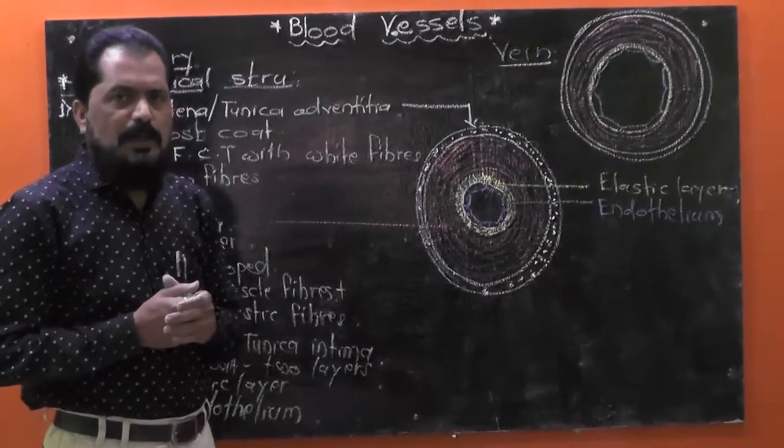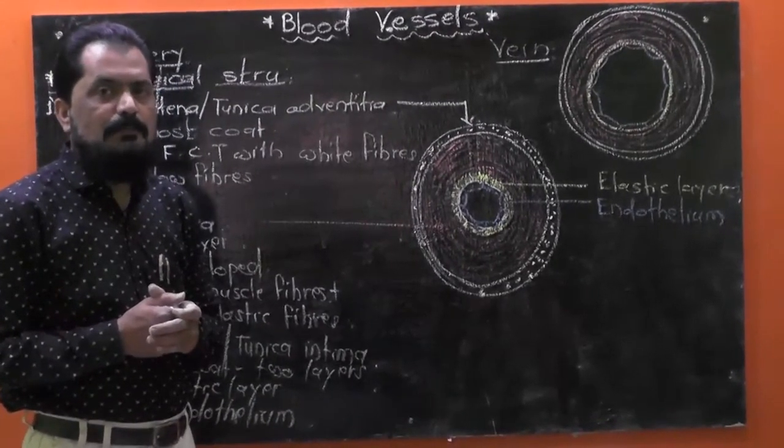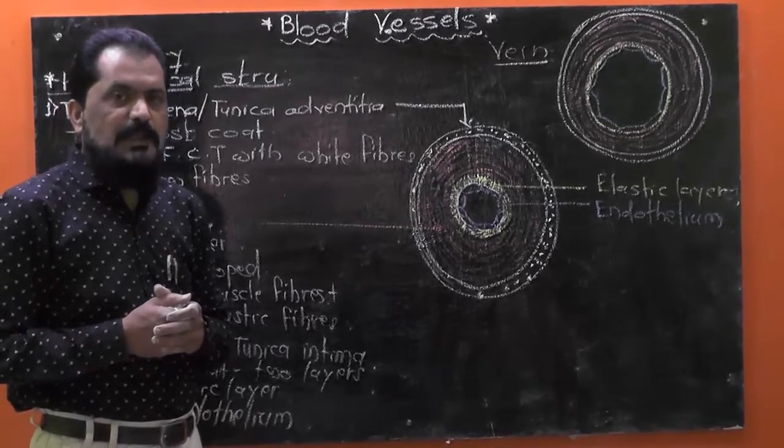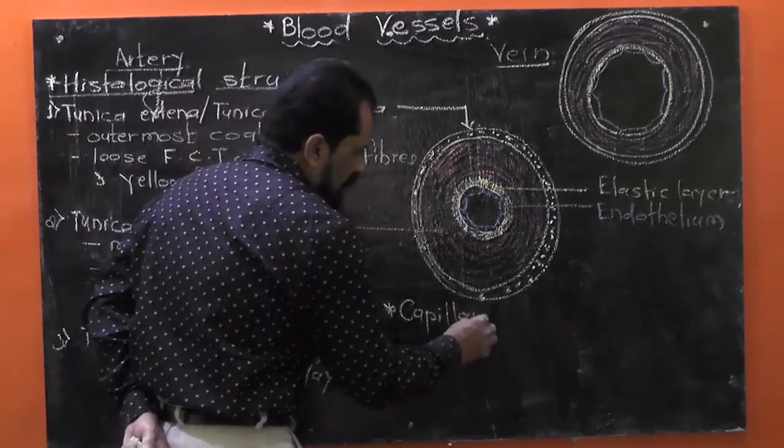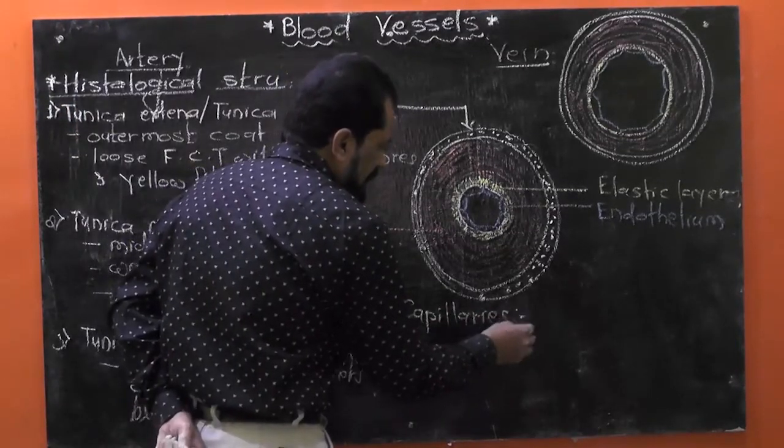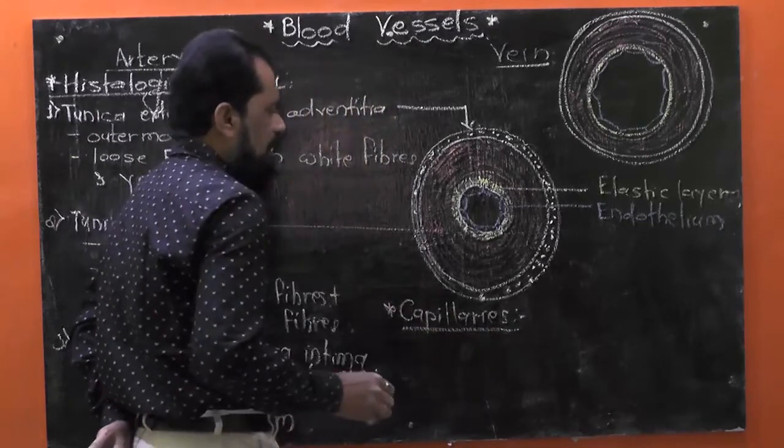Now let us talk about the third major type of blood vessel, that is the capillary. Capillaries are considered as the thinnest and smallest type of blood vessel.